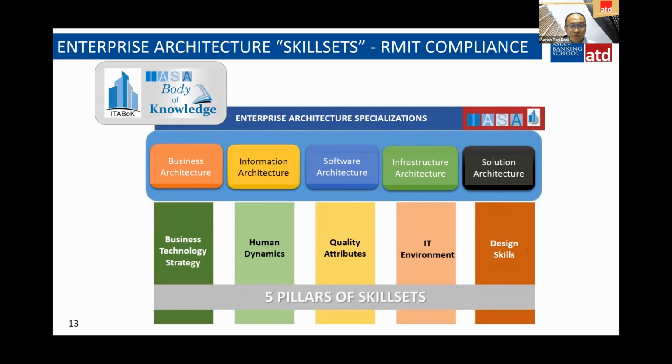Otherwise, your information, software, infrastructure, solution doesn't have value to the business. Full stop, right? So you cannot escape the fact that you need to know business. Even though my full-time job is information architect, I have a secondary role to perform the role of business architect. The role of business architect means you have to talk with the business. You can be called into the board of directors' meeting and asked for input, right?